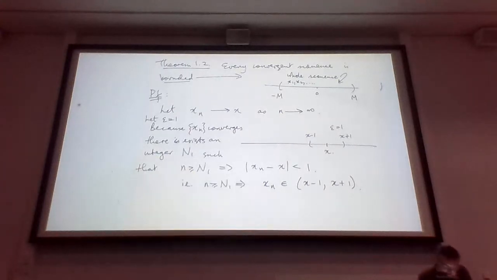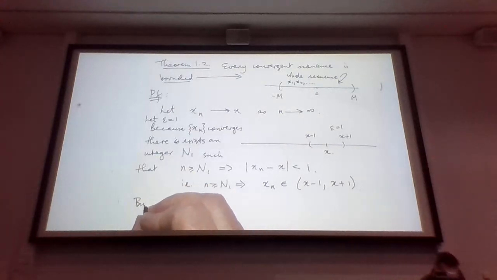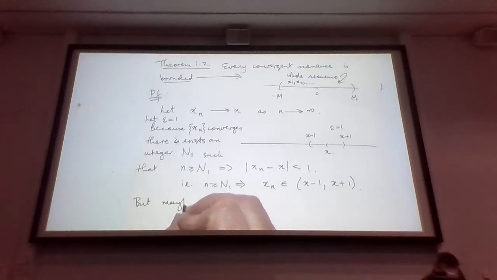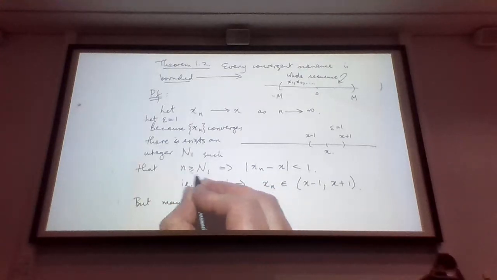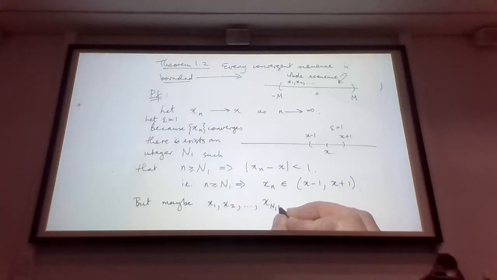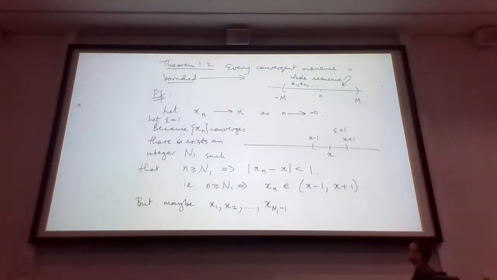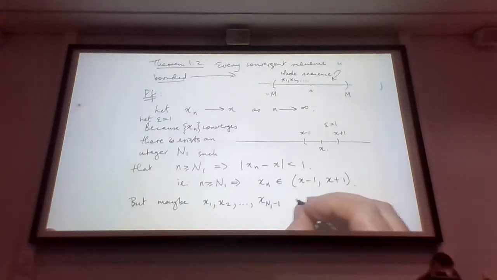So that leaves only a finite number, x1, x2, up as far as x_{n1 minus 1}, the element of the sequence at position n1 minus 1. Maybe these are not elements of this interval.